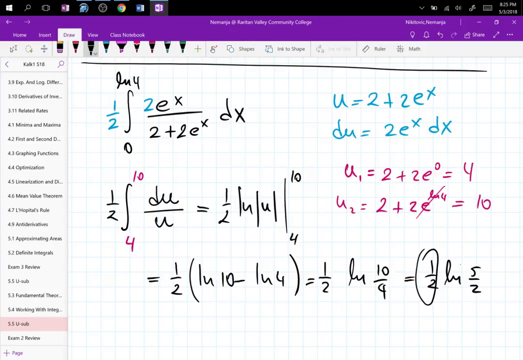Now you can take this 1/2 and make a square root if you want to, but that will not help compute anything because you can't take the square root of 5/2 without a calculator. And this takes care of the whole thing.